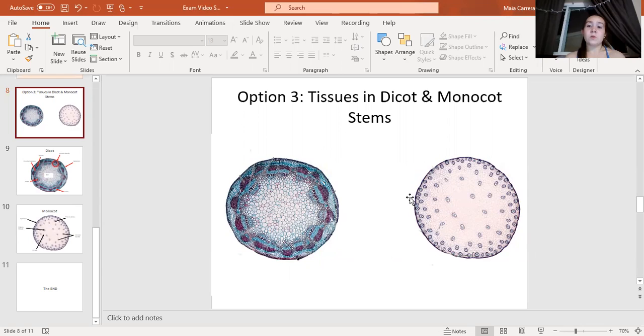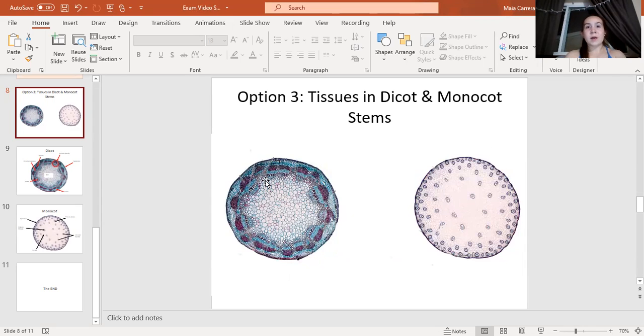As you can see on the right, the monocot cell has these tiny little dots all over, and they're usually throughout the entirety of the cell. While on the left, we only see these large dots in one area around the cell.